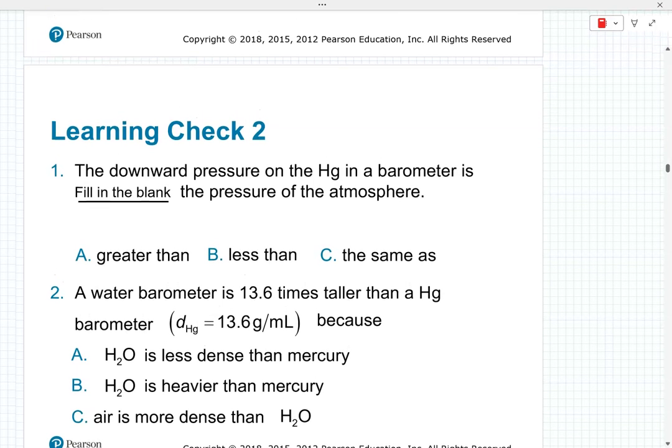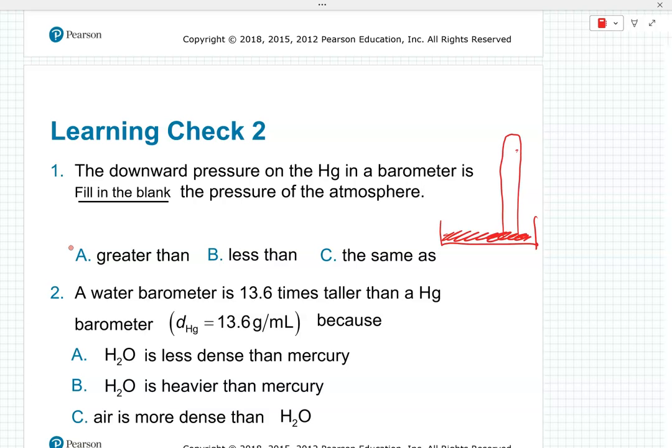Okay, remember that mercury barometer that we talked about before? That's our mercury, okay?